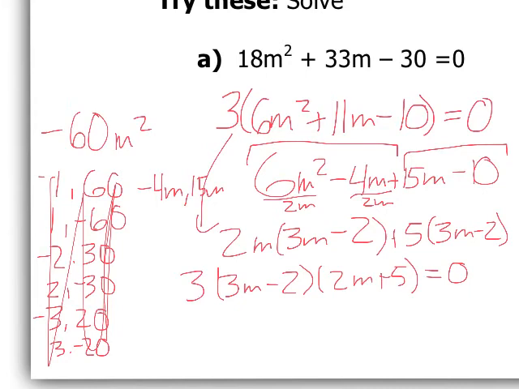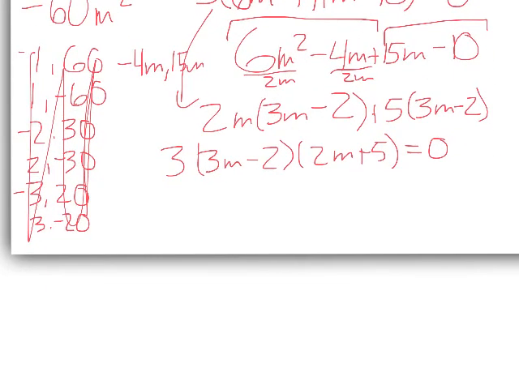Because now, how many terms or how many parts does my factored form have? That's 3 parts, right? Has 1 part right here. That's the GCF. 1 part inside this parenthesis, 1 part inside this parenthesis. So I have 3 equations that I'm setting up. For the solving part, 3 is equal to 0. 3m minus 2 is equal to 0.